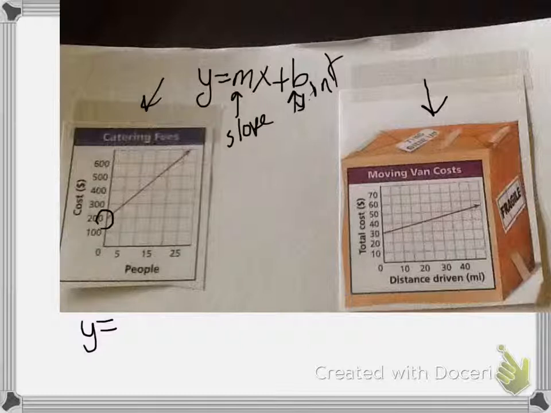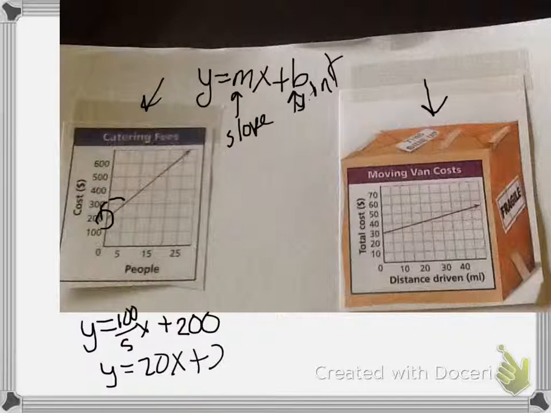It's at 200. So I can go ahead and put a 200 at the back end where the b would be. Then the slope, it goes up 1 box and over a box, but that doesn't mean it's 1 over 1. Up 100 over 5. So it's 100 over 5x. And if I simplify that, I get y equals 20x plus 200.